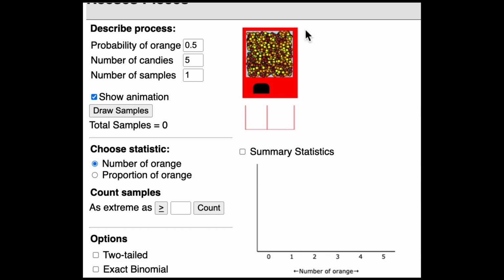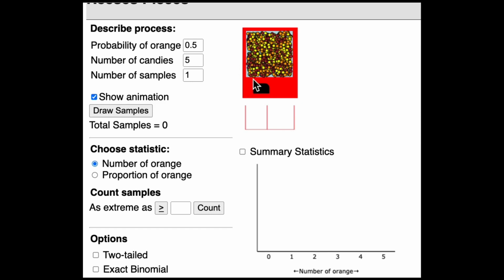Well, in this activity, you have all of the candy in the machine, and we can play kind of like Candy God and determine the probability of orange. So let's just say I set it to be 50%. Remember, a percentage turned into a decimal is 0.5. So I'm telling you, even though what you see in this picture is that half of the candy is orange, okay?